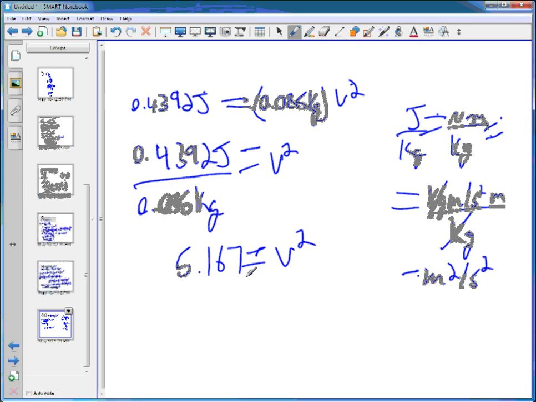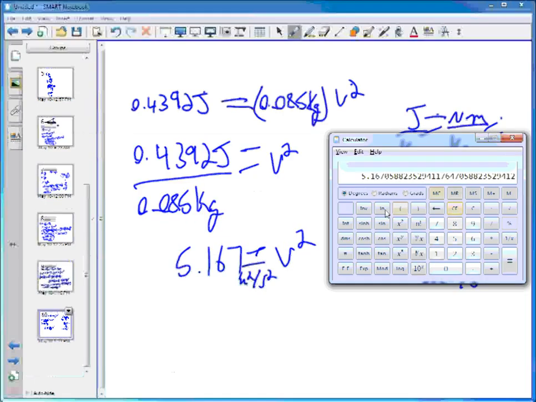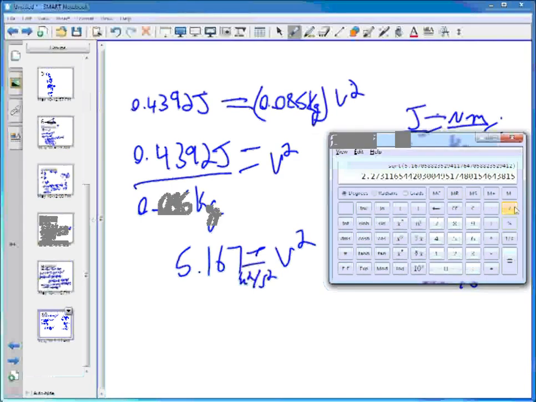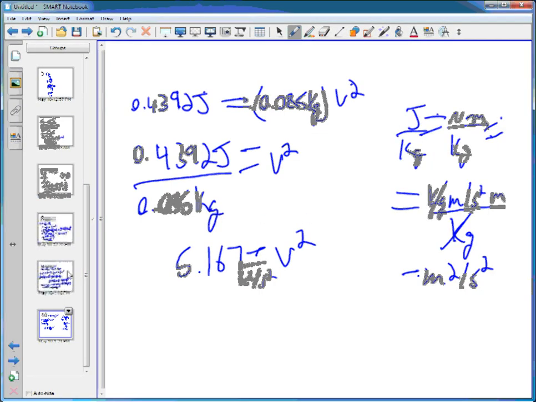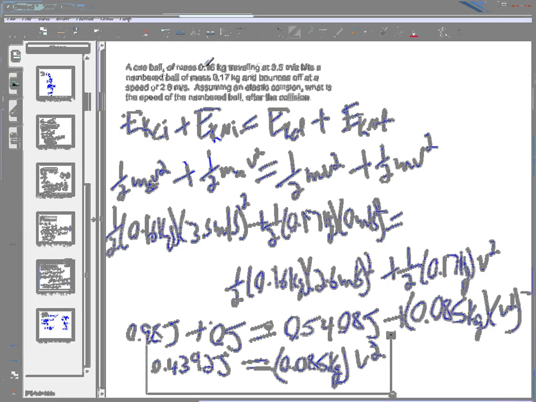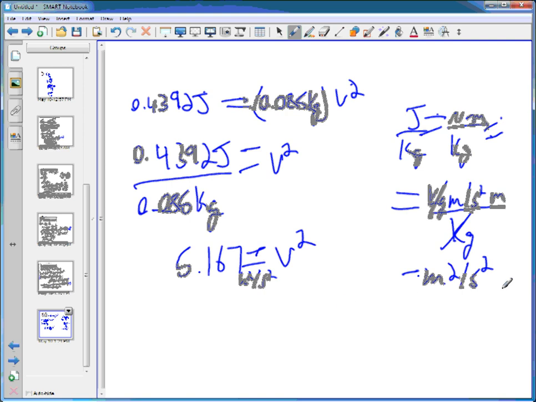So this is meter squared per second squared. Square root that number, and we get 2.27. Now, how many significant figures can we have? If we go to the very beginning, we've got 2 here, 2 here, 2 here, 2 here. It looks like we can have 2 significant figures in the end.